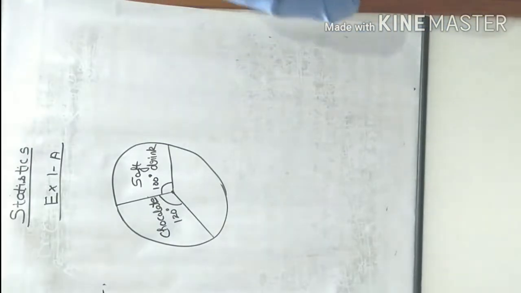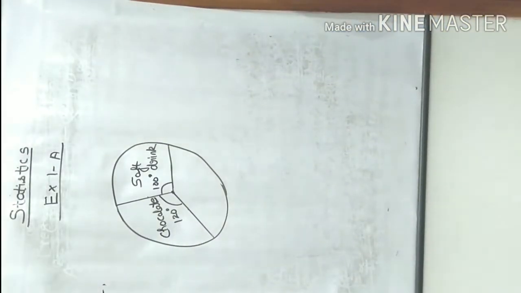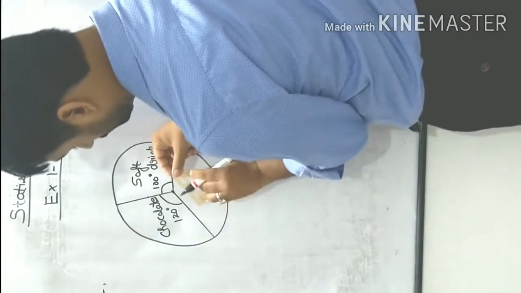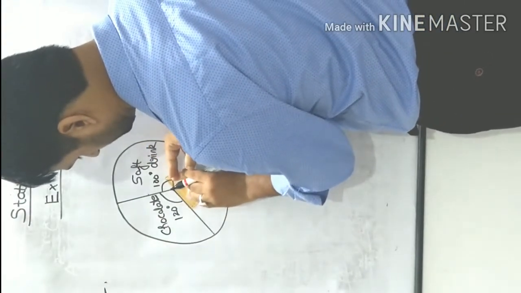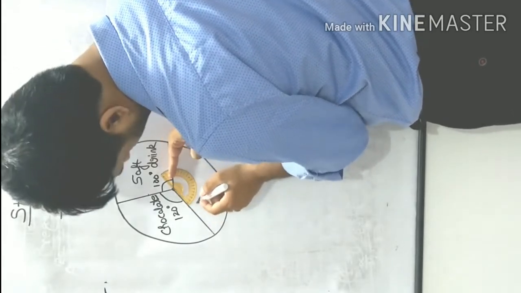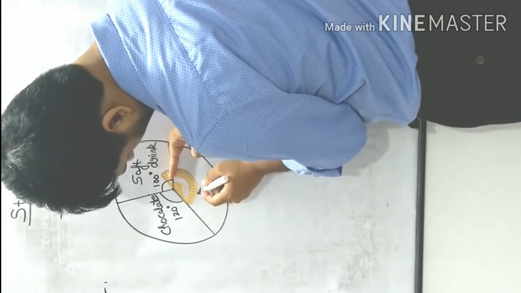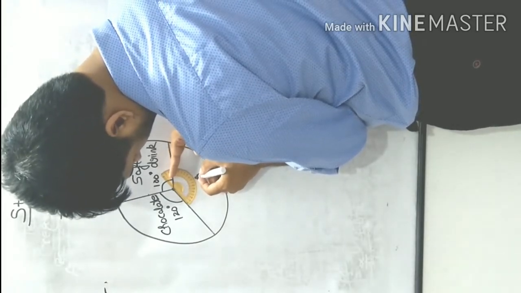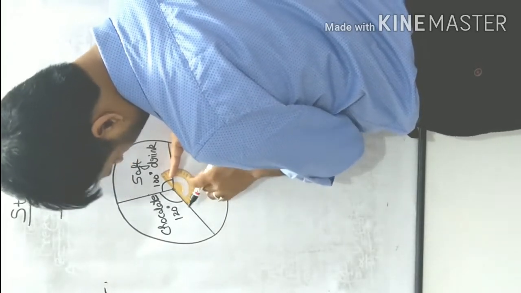Then the next angle we can take for fruits, that is 80 degree. Now again you keep a compass, you keep a protractor here, and what do you measure? You measure 80 degree. 0, 50, 60, 70 and 80. 80 is here.